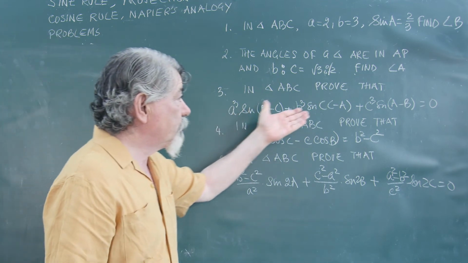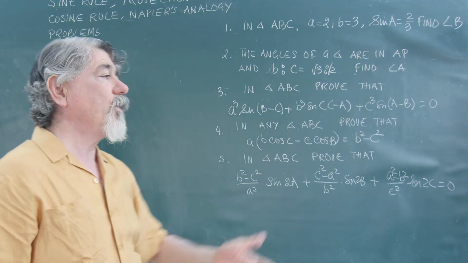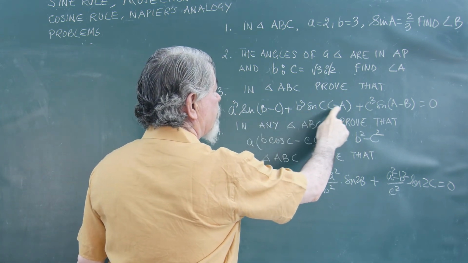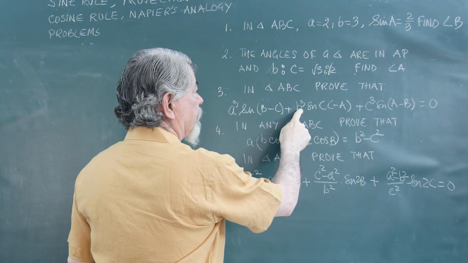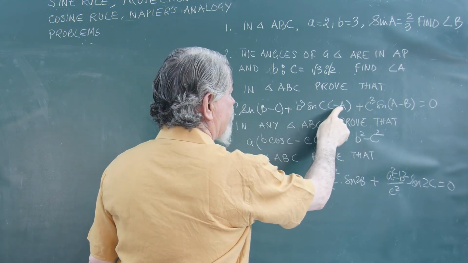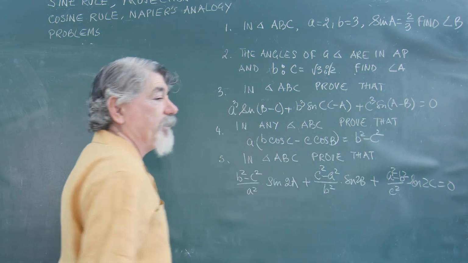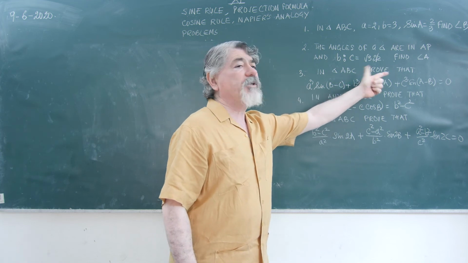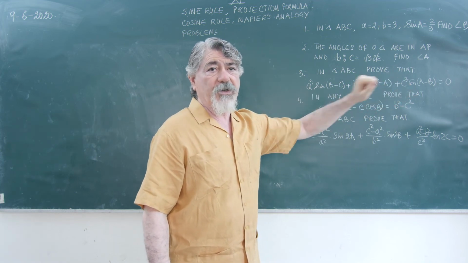If I solve them all together, it will be a very long calculation. I'll take one term because all the terms are similar. If it is a cube here, it is b cube here, it is c cube here. If it is sine (B minus C), sine (C minus A), sine (A minus B). So they are similar terms. If I am able to solve one term, these will be solved similarly.